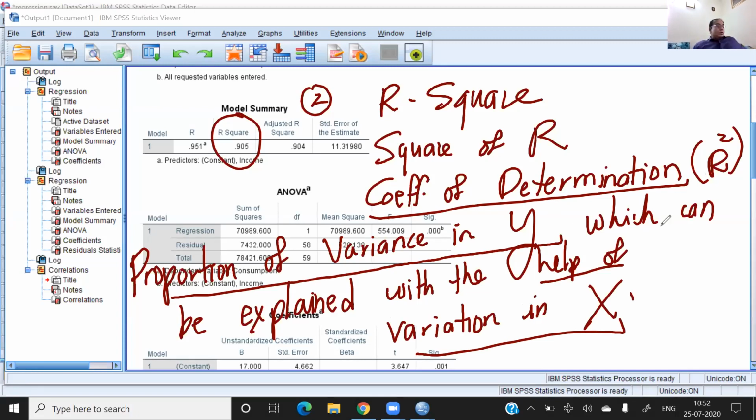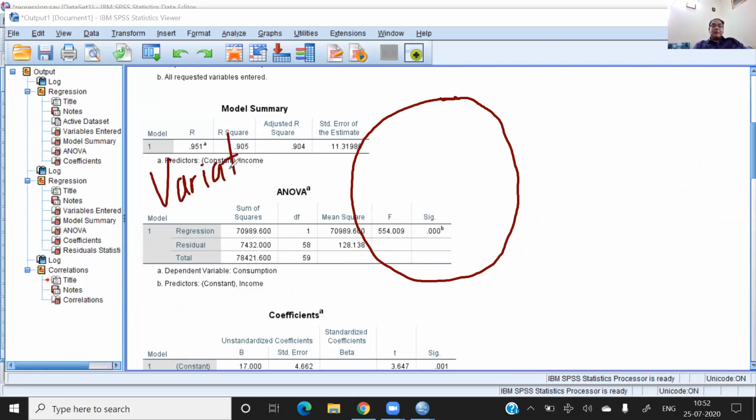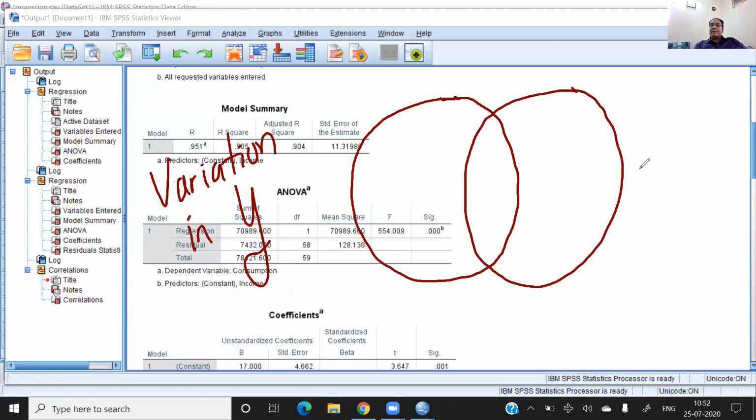So I am going to explain how we can explain in easy language. Let's see. Okay, so I am representing another diagram. This is the variation in y. Now this is the variation in x. This Venn diagram is representing the variation in x.